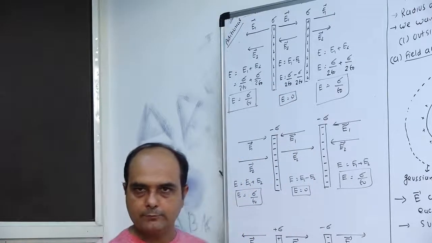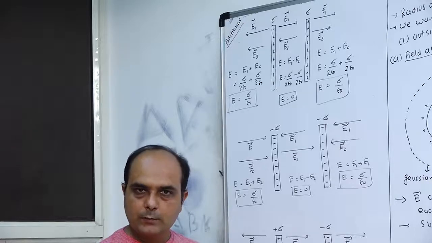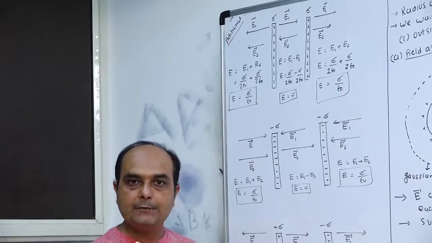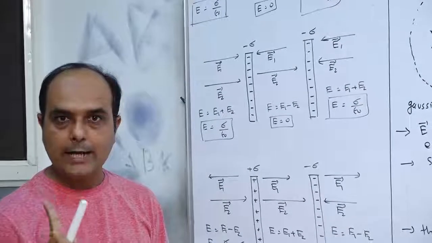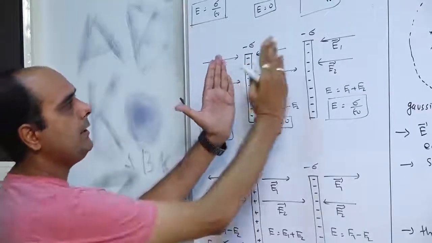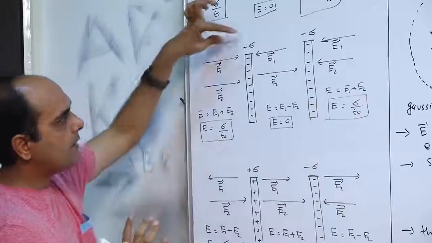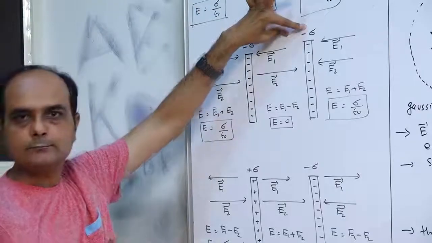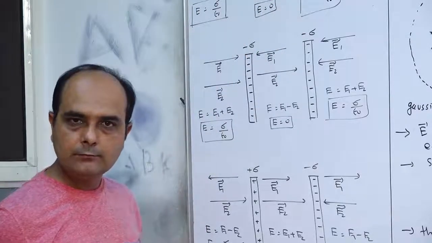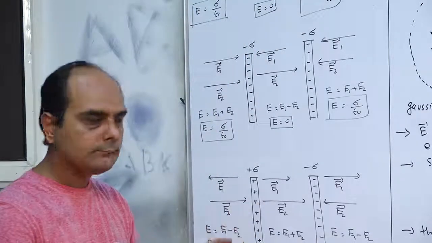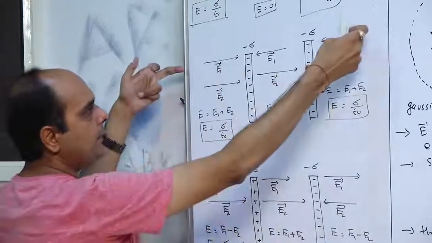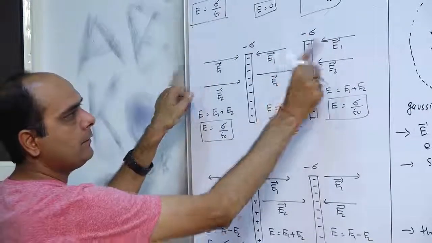One answer is completed. Now students, suppose both plates are negatively charged. See, this is our negatively charged plate. The surface charge is actually minus sigma. The plate is negatively charged, so the electric field is towards the plate. Due to the first plate, the electric field is towards the plate, E1.